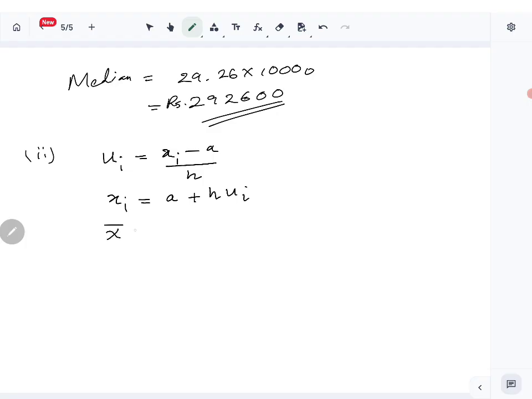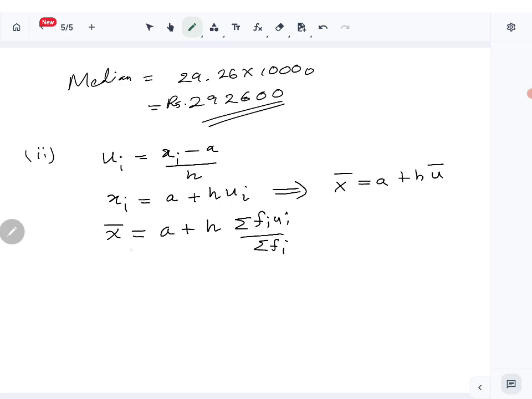So x bar is a plus h u bar, where u bar is sigma fi ui over sigma fi.